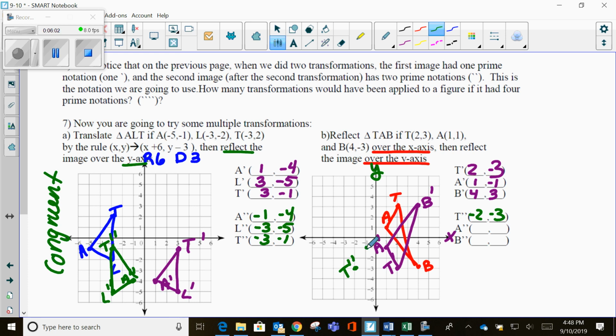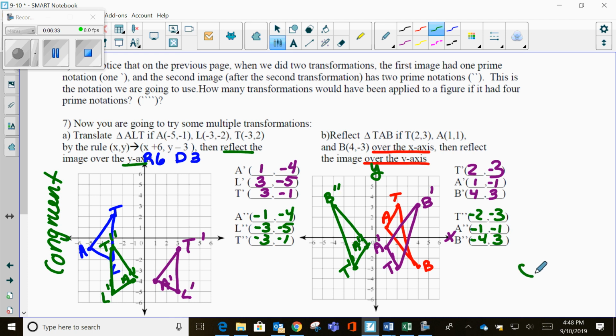So this becomes A double prime, negative 1, negative 1. Again, looking at the points, the x value is changing when I reflect over the y-axis. And then my B, which was 4, 3, is going to become negative 4, 3. So that's B double prime. And here is my double reflected image from the original.